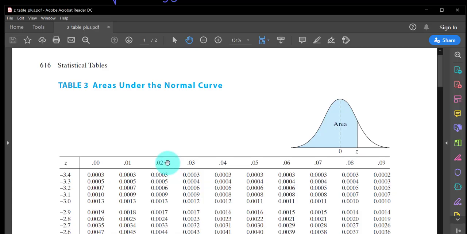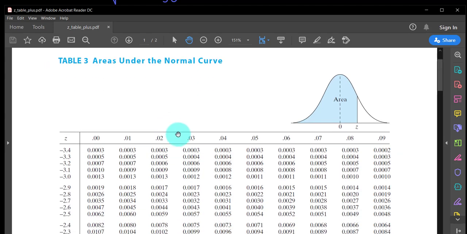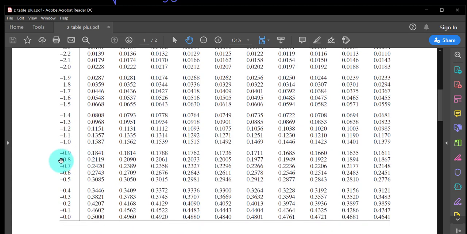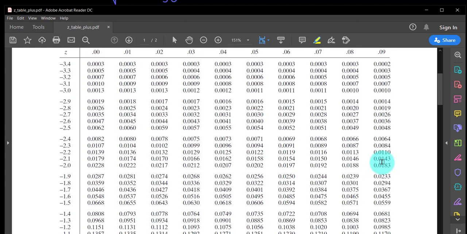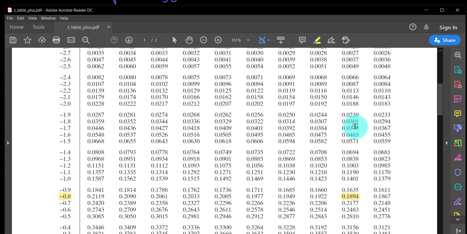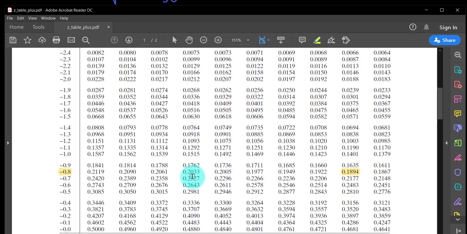Here's the z-table. You've got a copy on purple paper, but it's also posted on our websites. And I'm looking for negative 0.8. And then the column that also says 8. I know that the last column says a 9. I'll go double check. Yes. So I want the column that says 0.08 matched up with this row.